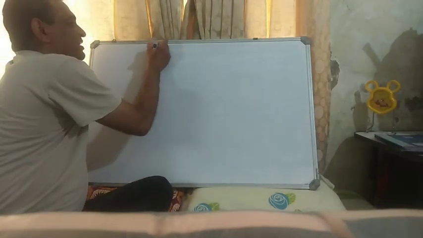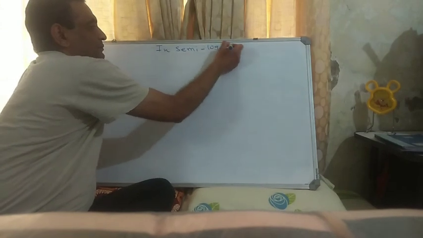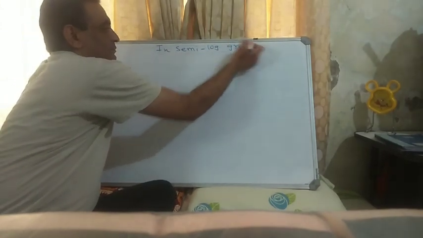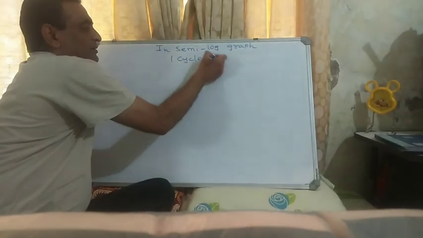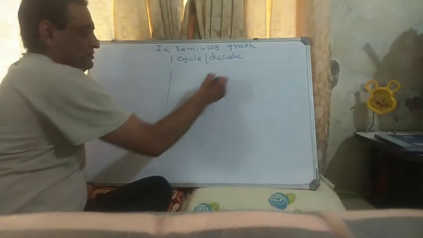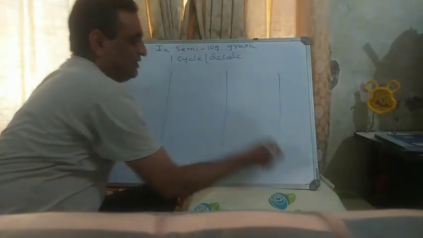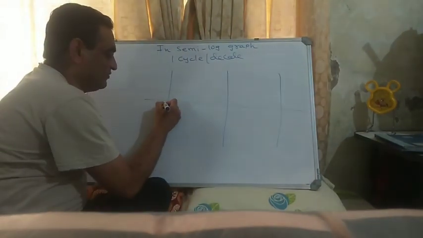So in semi-log graph paper, how does one cycle or decade look? Here there are two cycles, for example, and let's say this is 1.